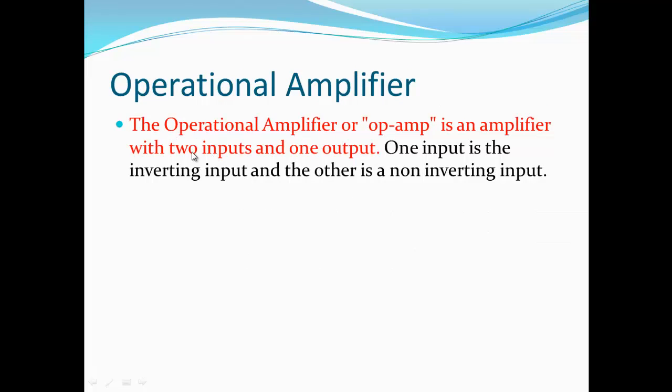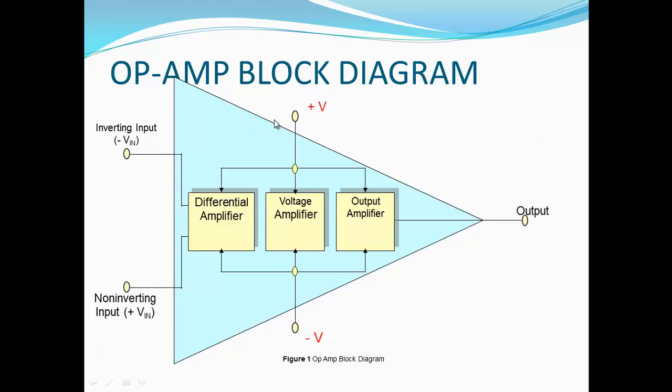An operational amplifier, or op amp, is an amplifier with two inputs. Now we want to know about the terminals of this component. One input is called the inverting input, and the other is called the non-inverting input. This is simply the shape of the amplifier, and it is always represented like this.